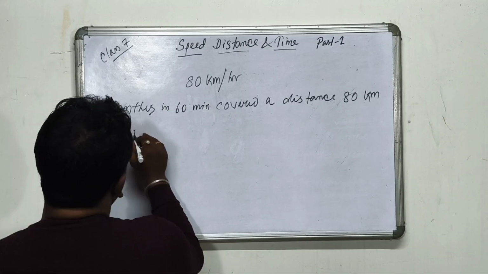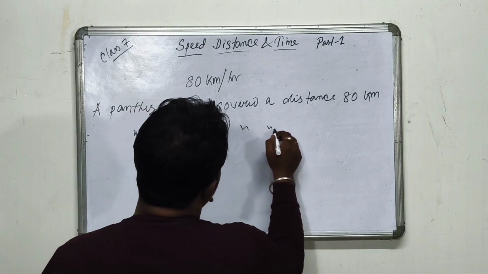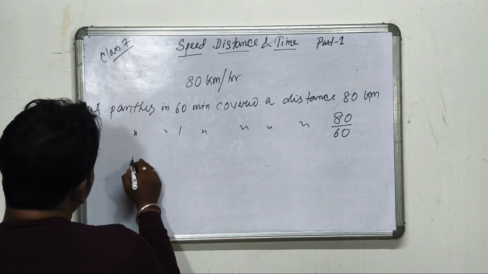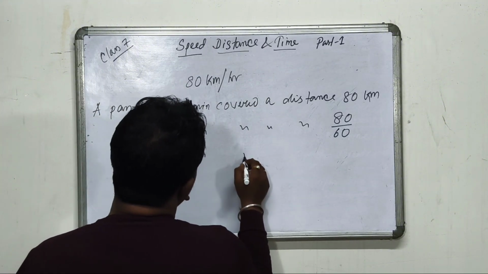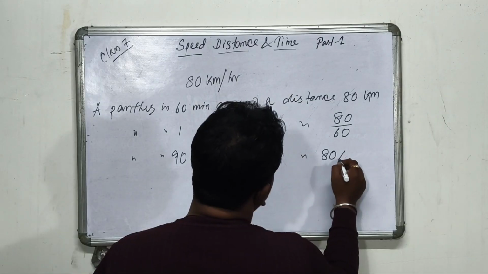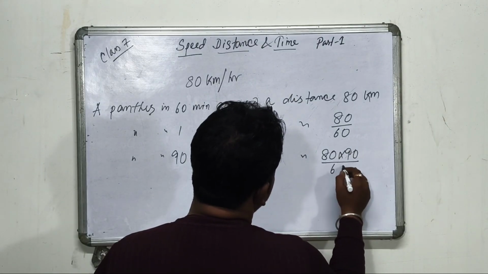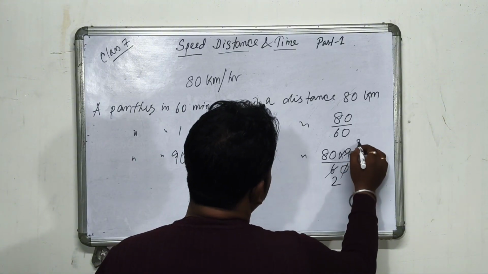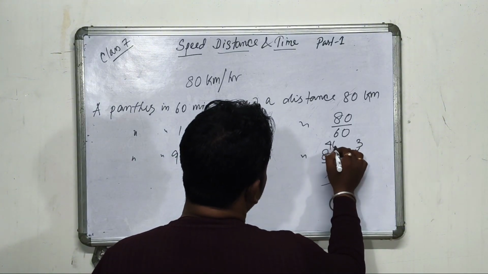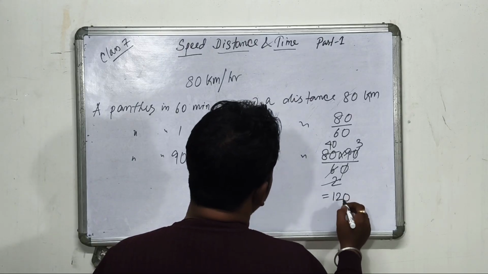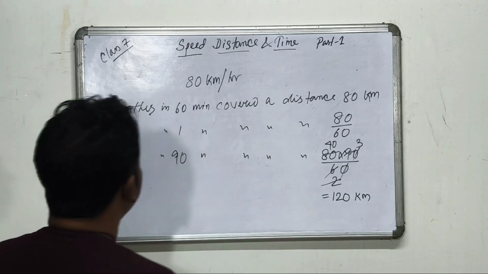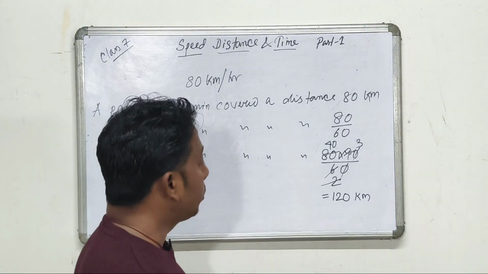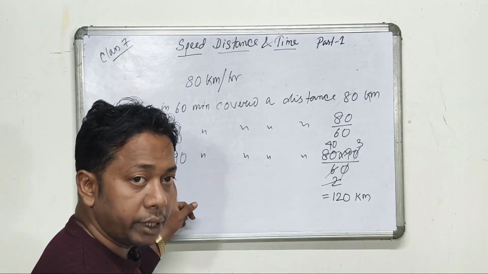Therefore 1 minute covers a distance of 80 by 60. The asking question is 90 minutes, covers a distance of 80 into 90 by 60. So that means 120 km. So the panther traverses 120 kilometers in 90 minutes.